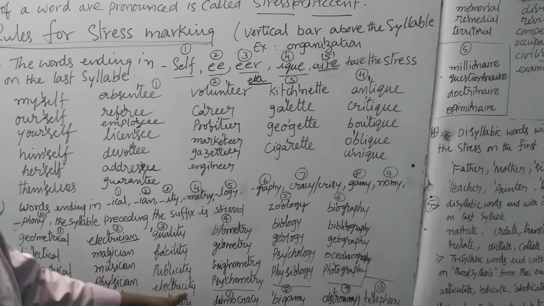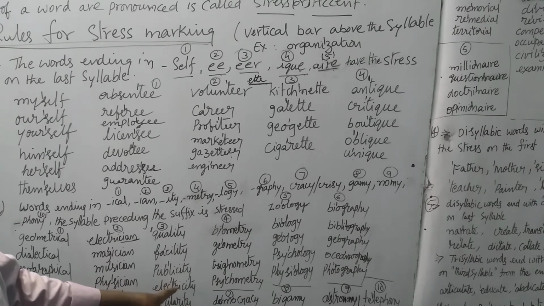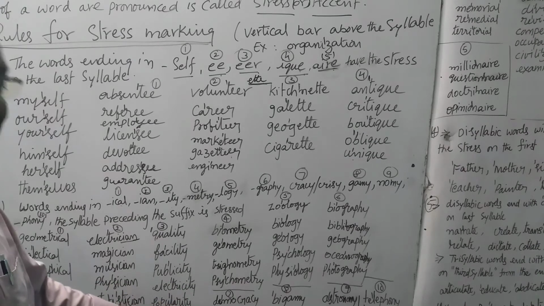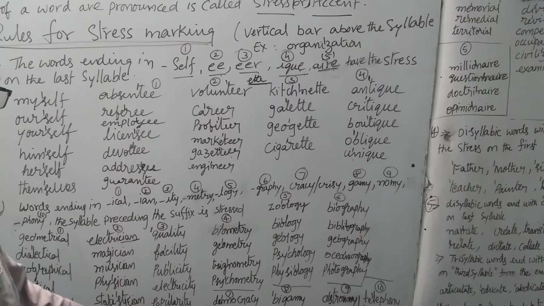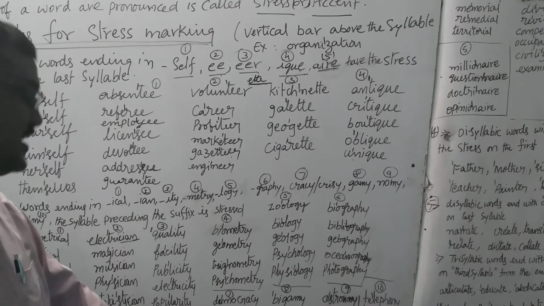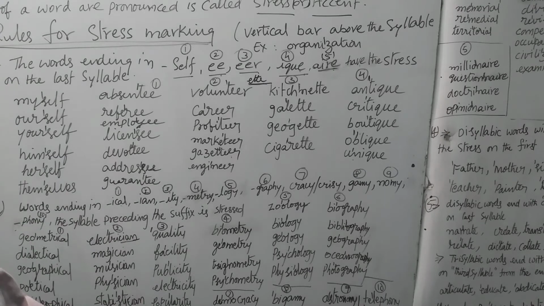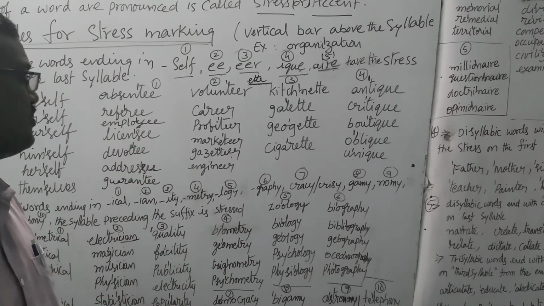Electricity: -city is the suffix, and tri is the syllable before this suffix. Electricity, stress tri. Popularity, pu. Possibility, bi. Opportunity, tu. University, varsity: -sity is the suffix we have to take. Varsity, stress var.